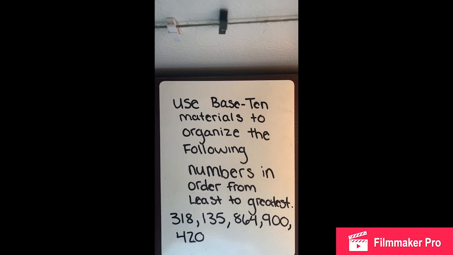If you want to write these numbers down, or you can look back up here as a reference. I'm going to keep them right here. You're going to work individually and decide if you think we can organize these from least to greatest by using our base 10. We're going to come back together in about 10 minutes.